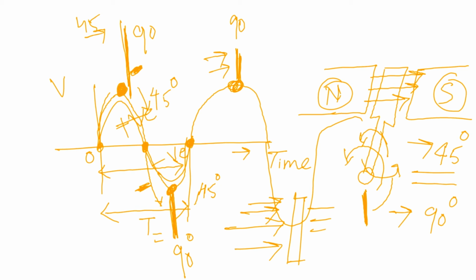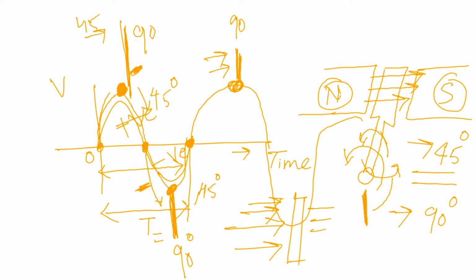There are two magnets. One magnet is a north pole and another magnet is a south pole. We place a magnet in between these two magnets, and we pass magnetic flux from north pole to south pole. Then this rotor rotates in anti-clockwise direction.